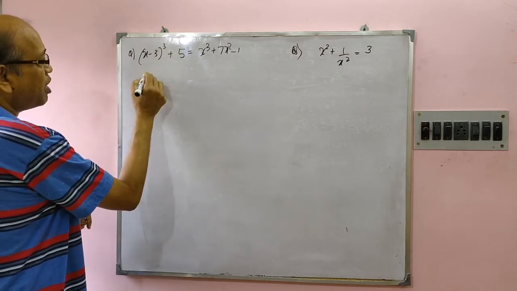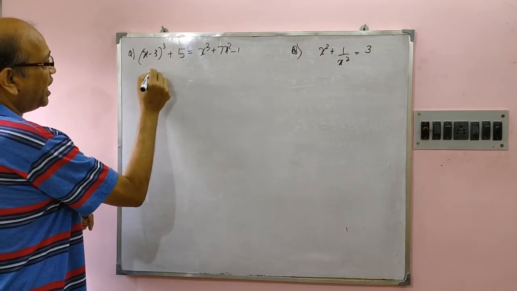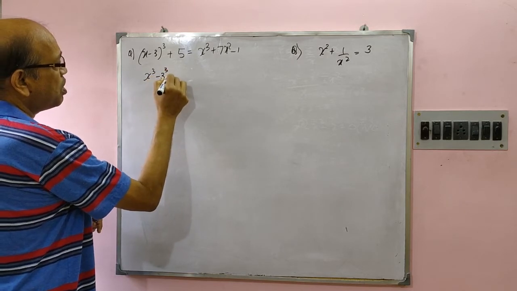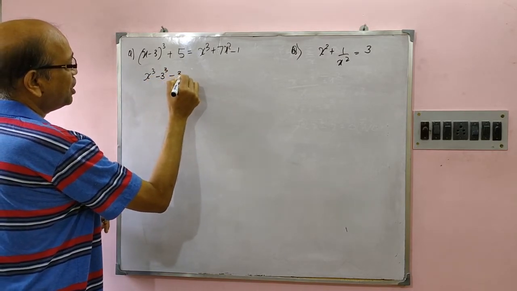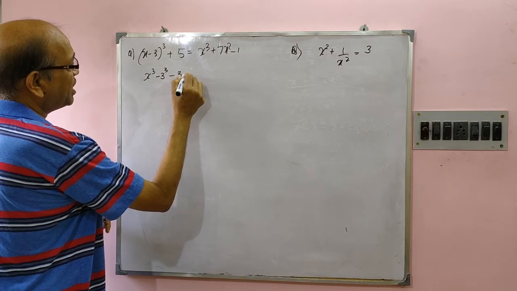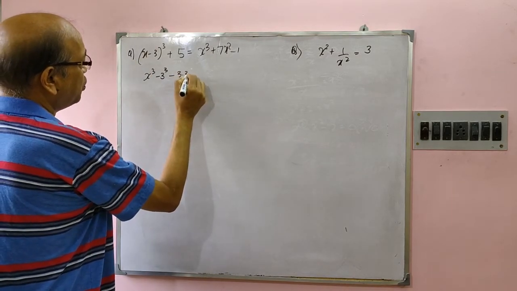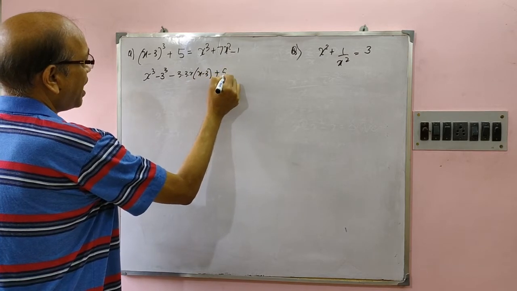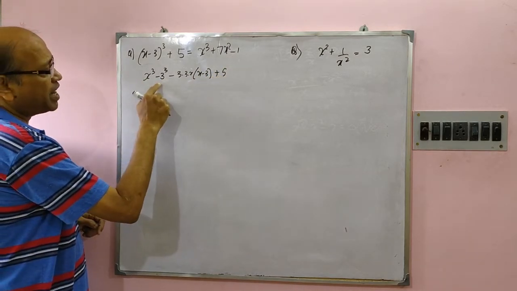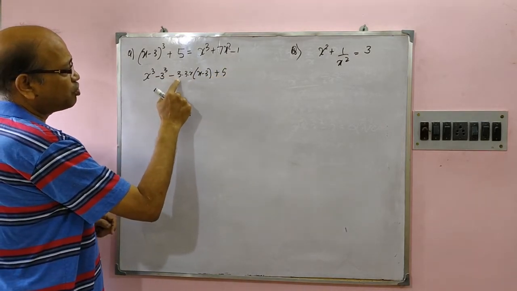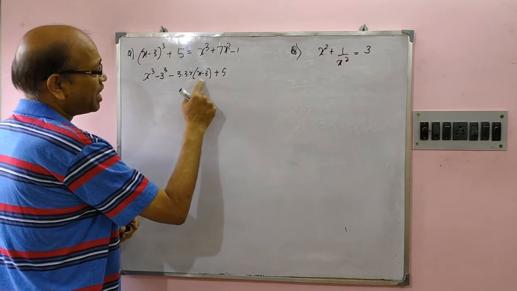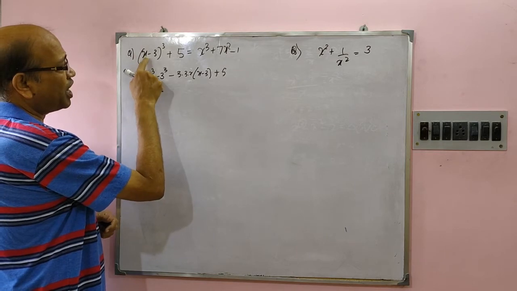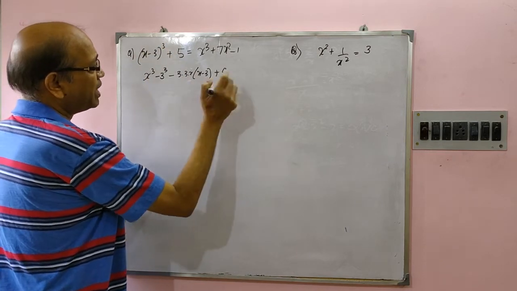What is the formula of (a minus b) whole cube? a cube minus b cube minus 3ab (a minus b). This is the formula for (a minus b) whole cube. So x cube minus 3 cube minus 3 into x into 3 (x minus 3), then plus 5.